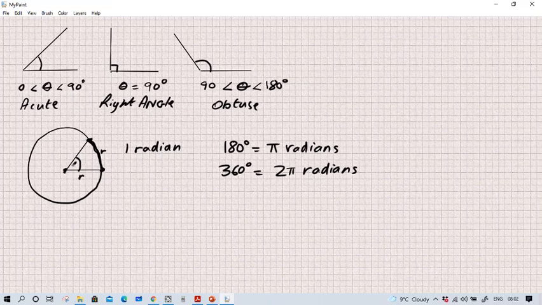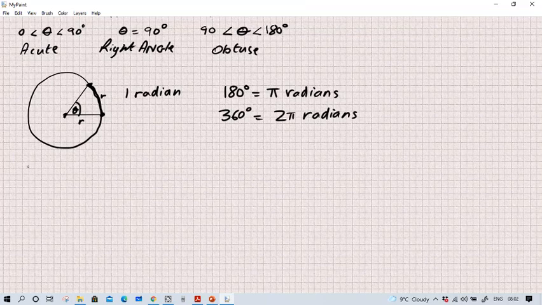So the angle theta is 1 radian. 180 degrees equals pi radians, and there are 2 pi radians in any one circle. So we'll do some examples now of converting degrees to radians.